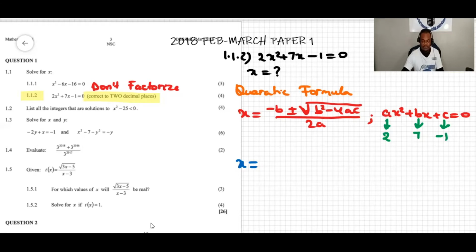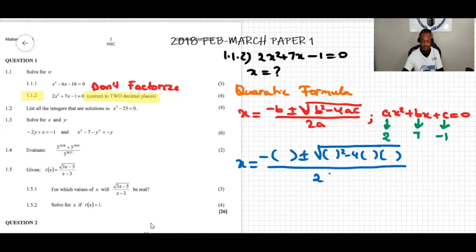So it's -7 ± √(7² - 4 × 2 × (-1)) over 2 × 2.